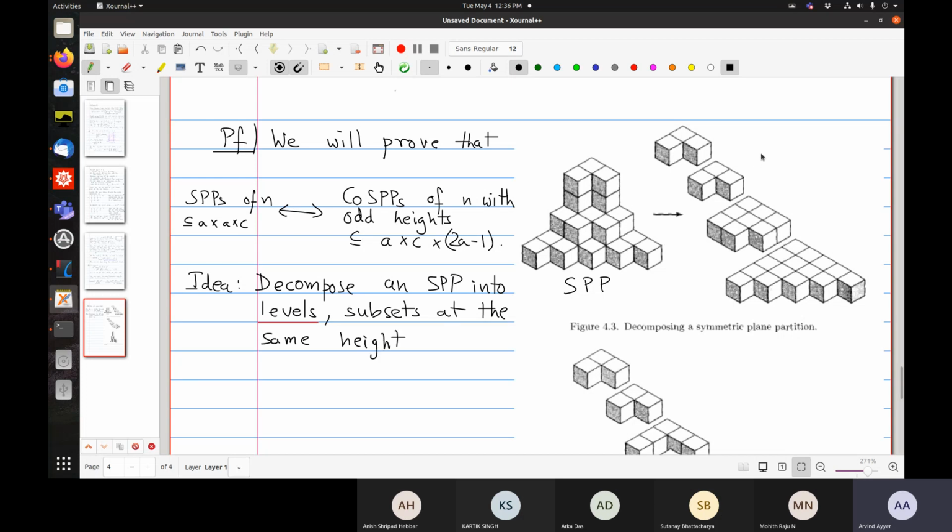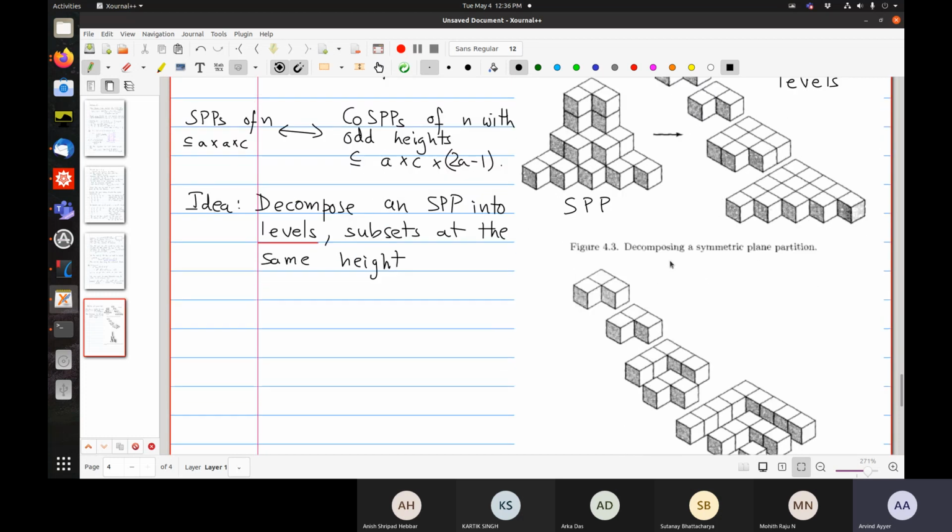So these are the levels. This is the top level, the next level, this is the same, and then this level below, and this level below. So this is a decomposition of the plane partition.